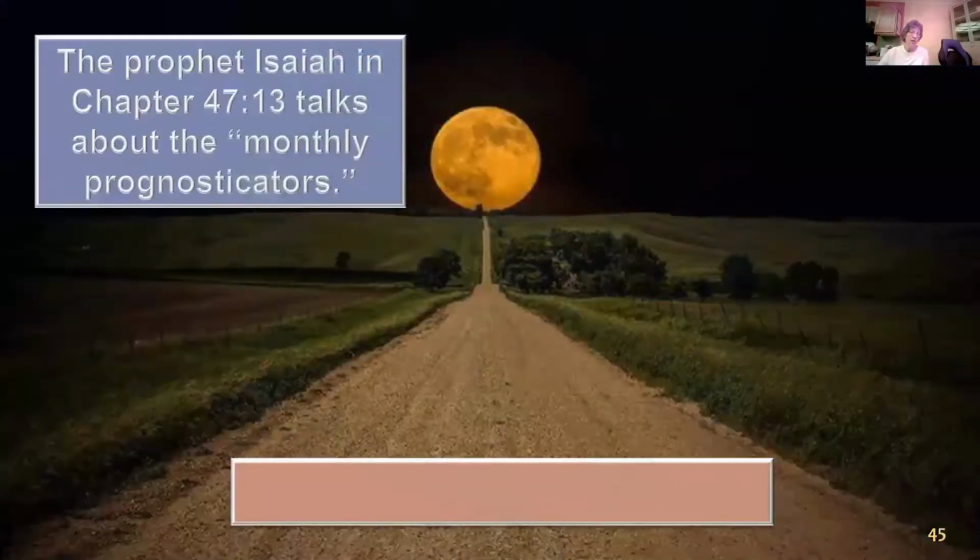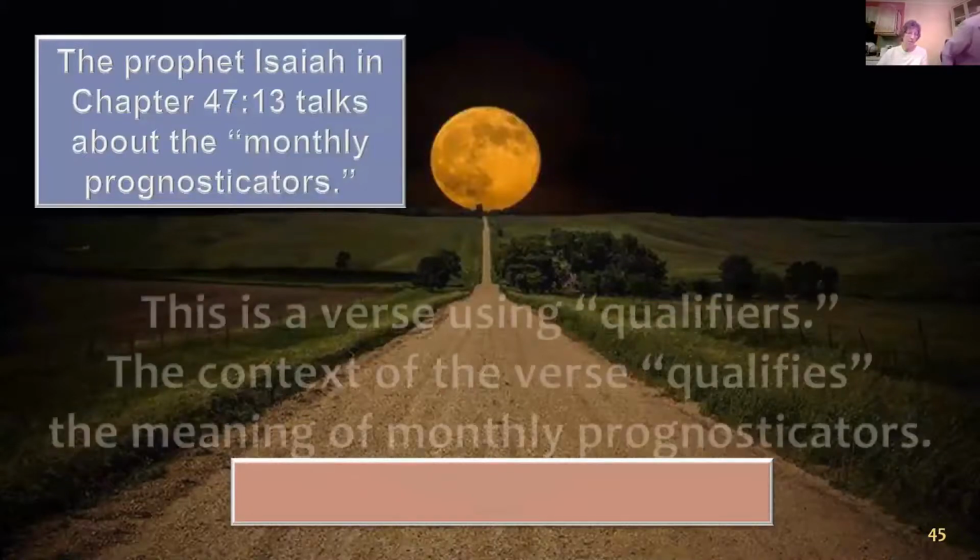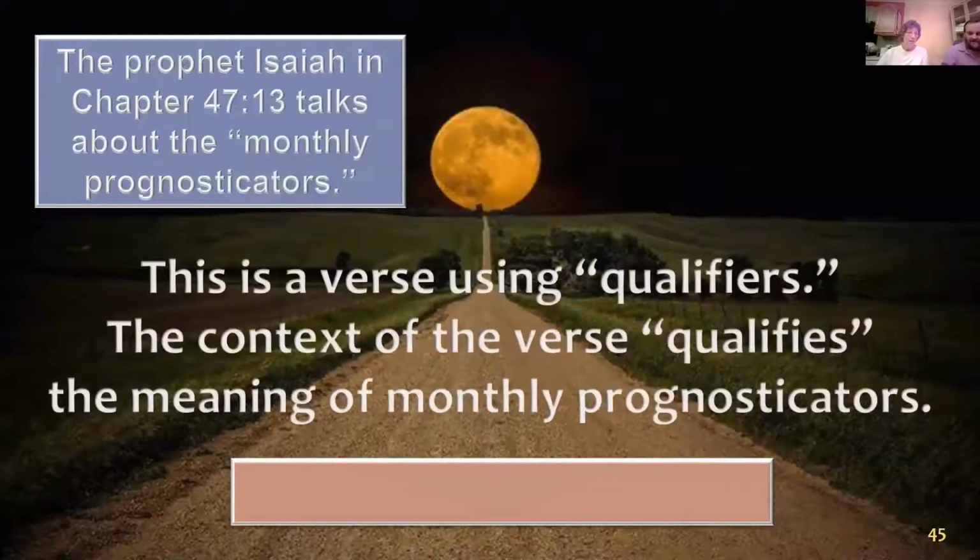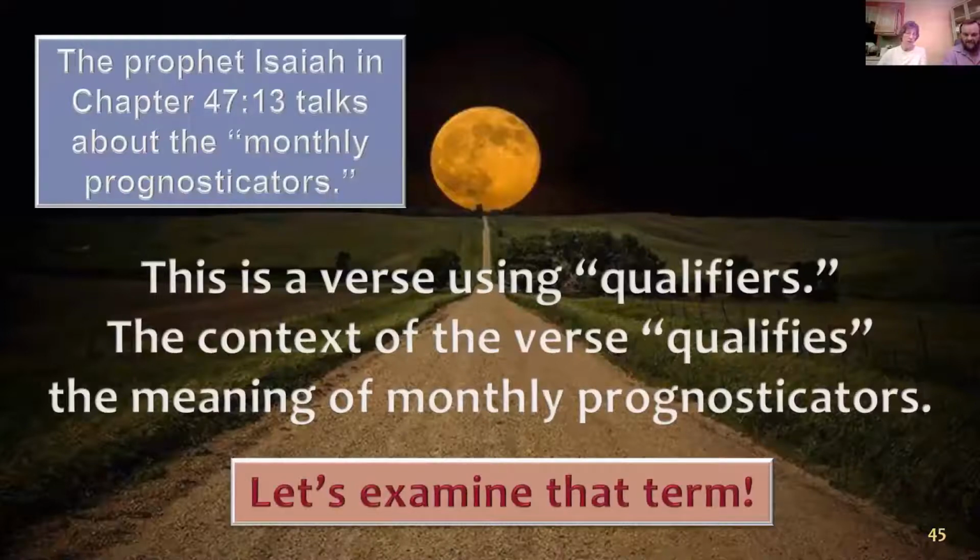So let's look at Isaiah 47:13, because this verse talks about an interesting phrase, monthly prognosticators. This is a verse that uses qualifiers. We've talked about qualifiers before; I hope you remember that. The context of this verse qualifies the meaning of monthly prognosticators. So let's examine this term.